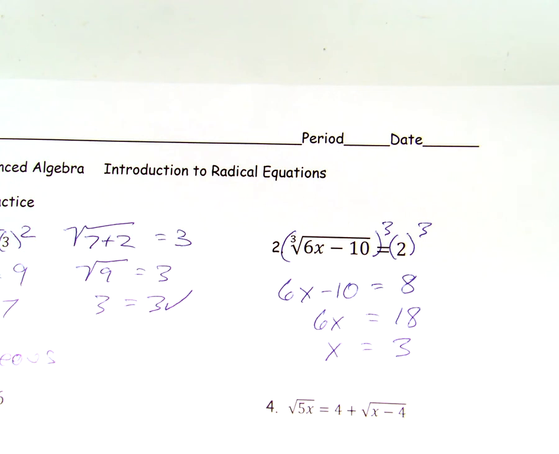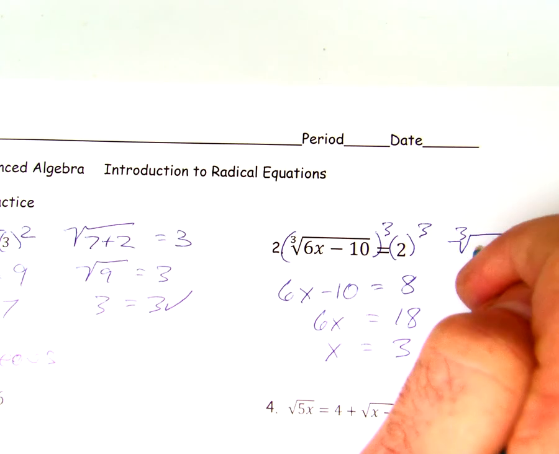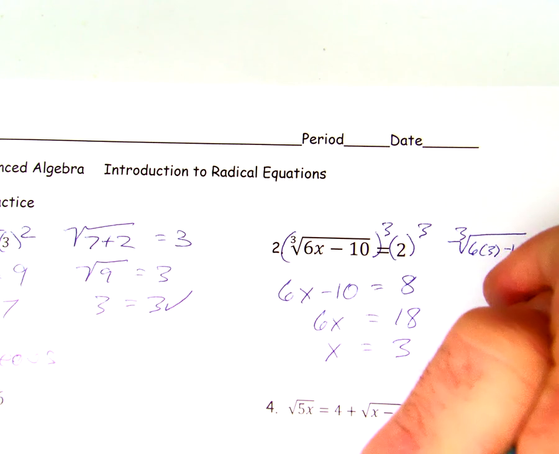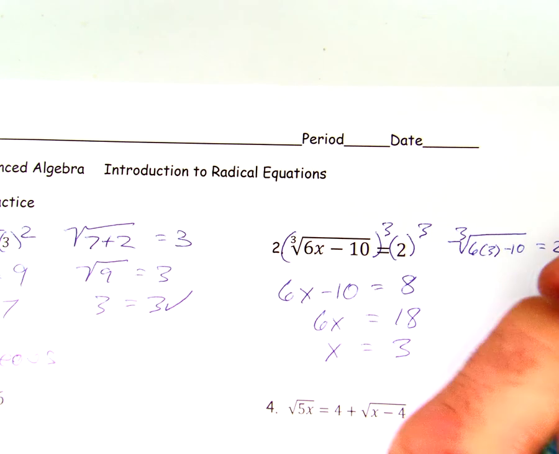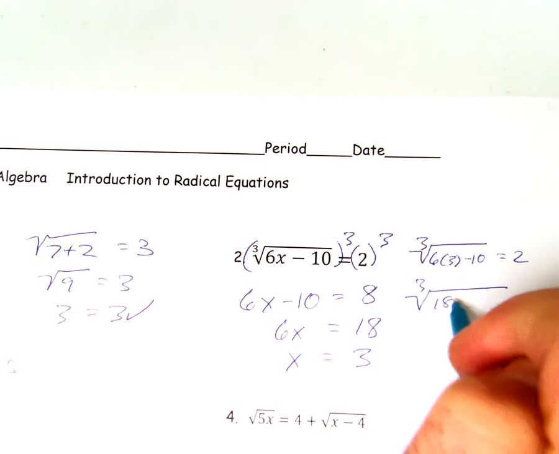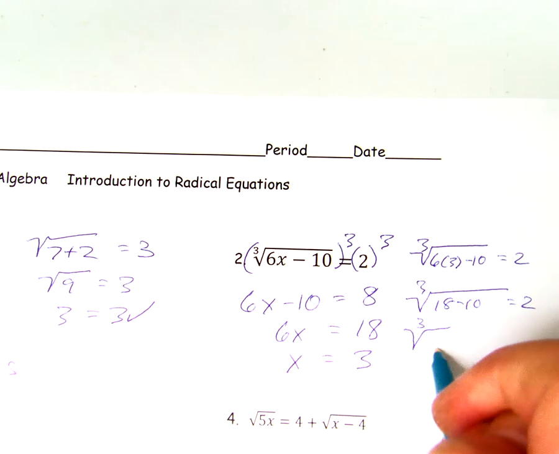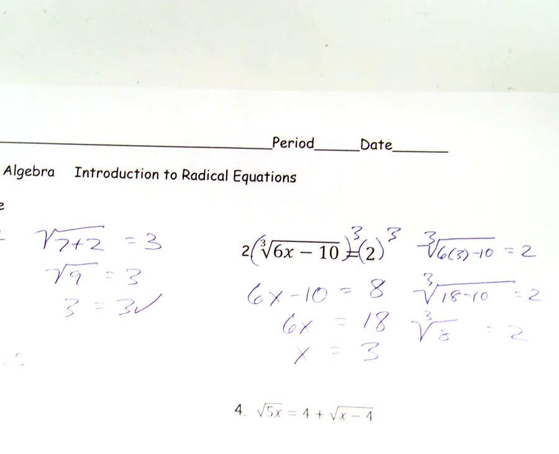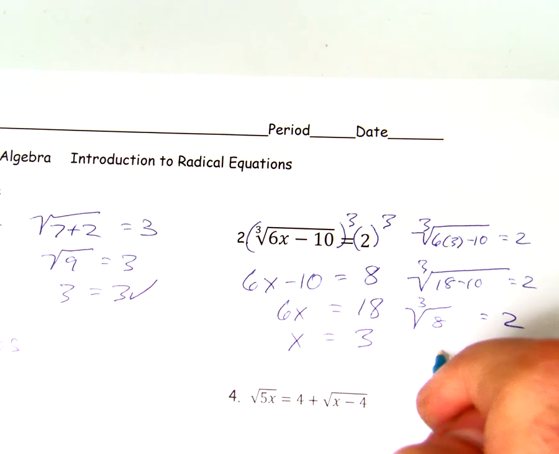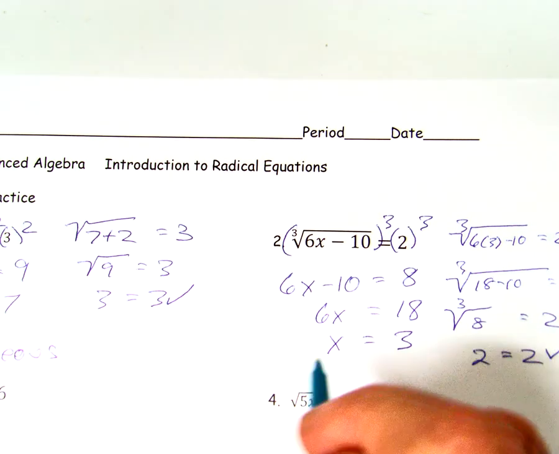But once again, we're not finished. We need to check this. So I'm going to plug 3 into our original equation, and we've got 18 minus 10, cube root of 8 equals 2, and the cube root of 8 is 2. It works out. It checks. x equals 3 is a solution.